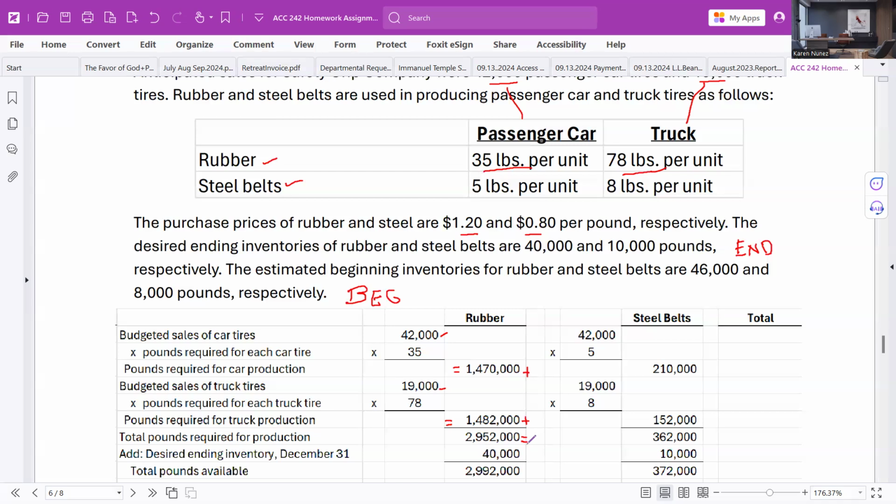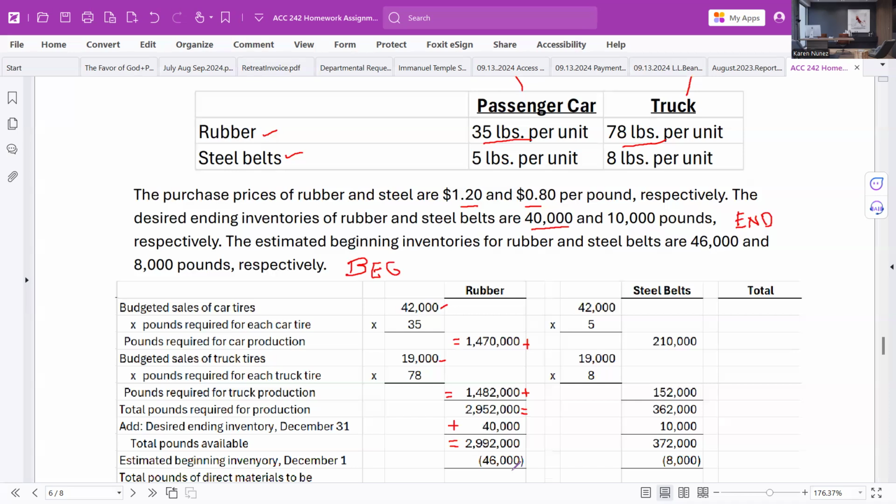But that's not necessarily what we're going to buy, because we're going to have 40,000 pounds of rubber on hand at the end of the period. That's what we plan on having on hand at the end of the period. So that's really what we need, right? We need to have available 2,992,000 pounds of rubber.